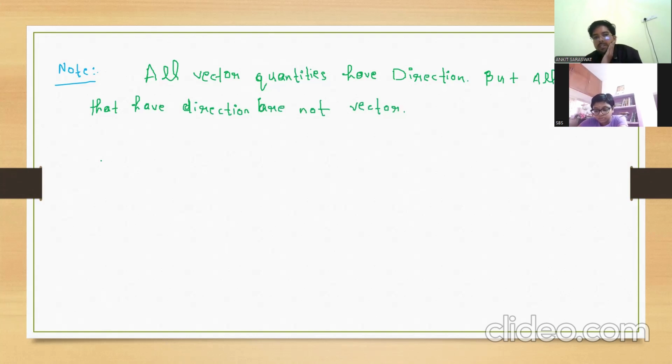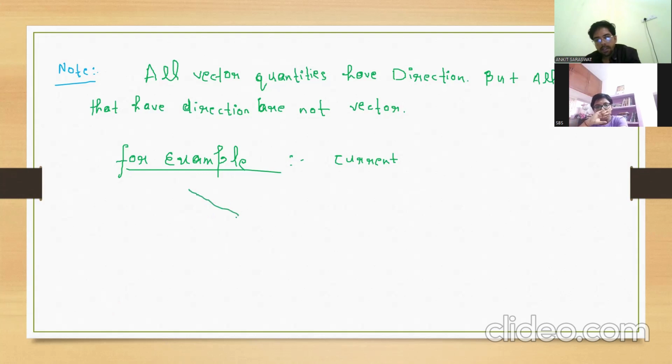But not all quantities which have direction are vectors. For example, electric current.